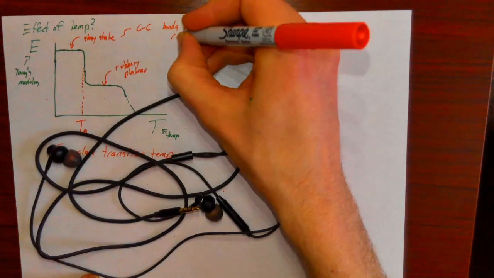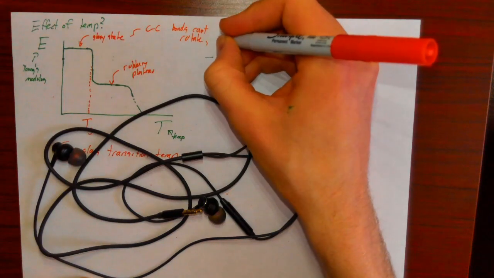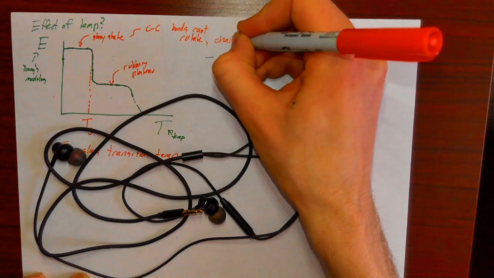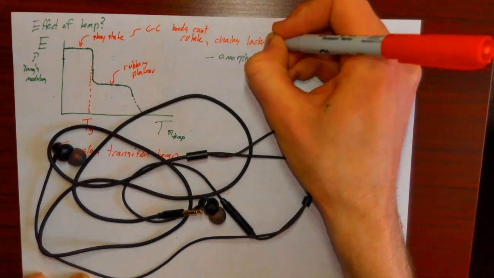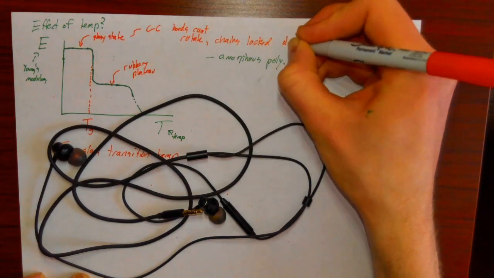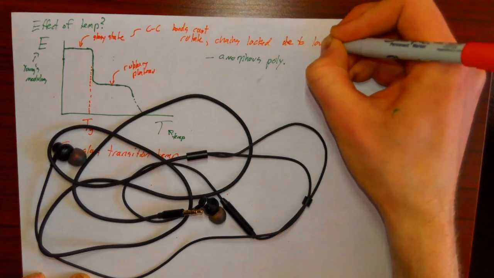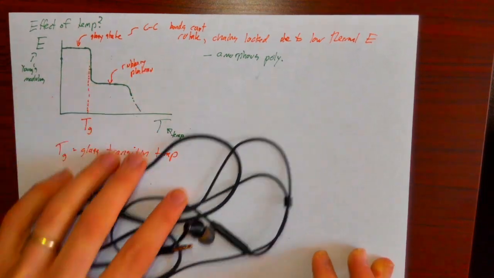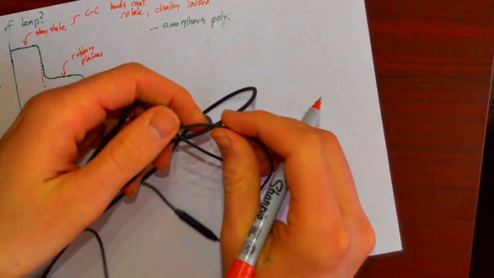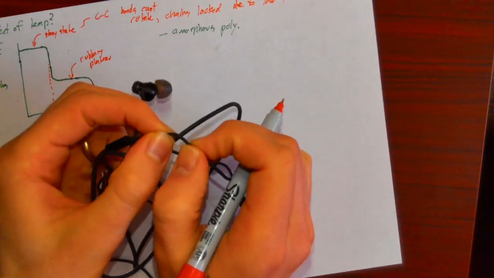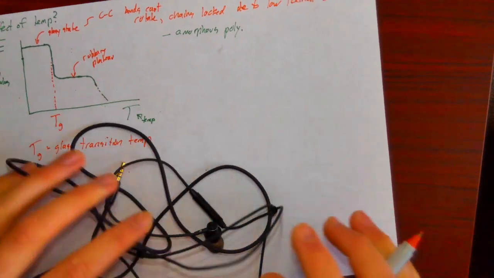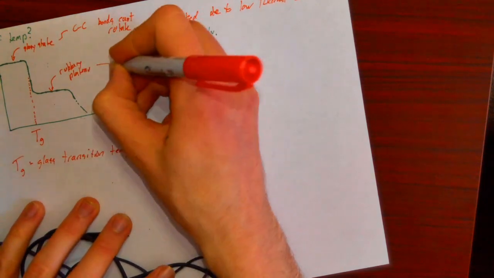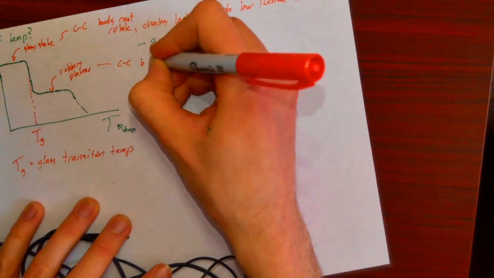So carbon-carbon bonds can't rotate, and the chains are locked together due to low thermal energy. Once I'm in the rubbery plateau, which is actually what the plastic that makes up the coverings for these wires is, then the carbon-carbon bonds can rotate.